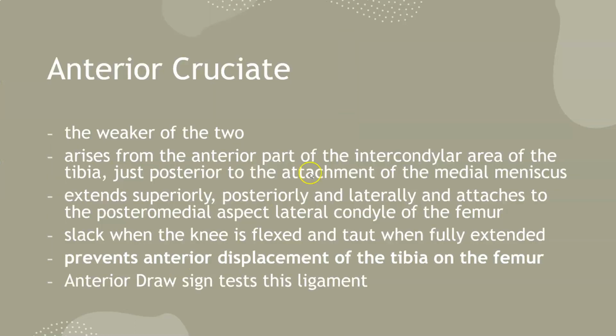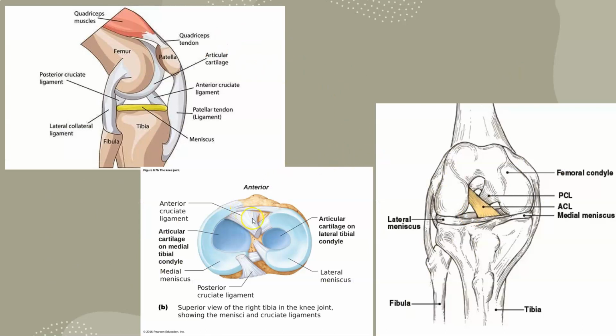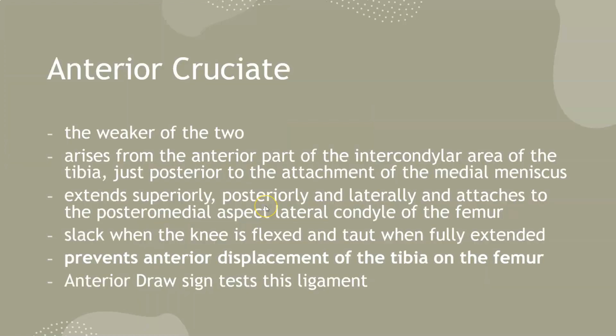We can see them in their position here, both in extension on the right and flexion on the left. The anterior cruciate is the weaker of the two. It arises from the anterior part of the intercondylar area of the tibia, just posterior to the attachment of the medial meniscus. So we can see it here, posterior to the medial meniscus, in this intercondylar area. It extends superiorly, posteriorly, and laterally.